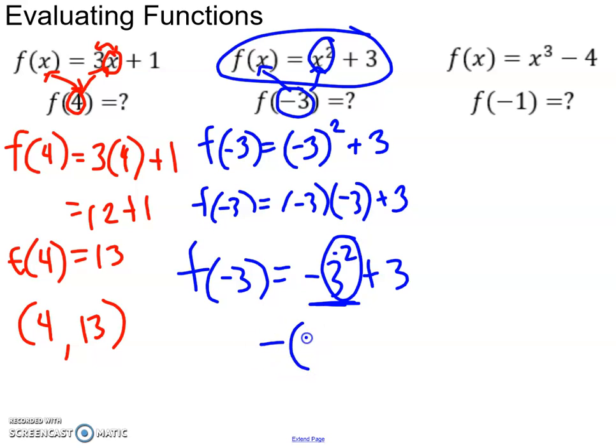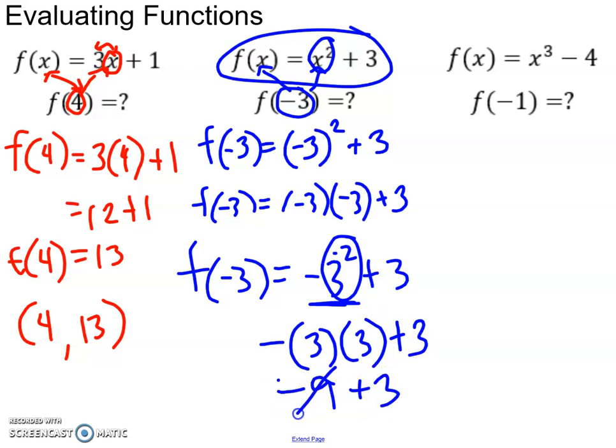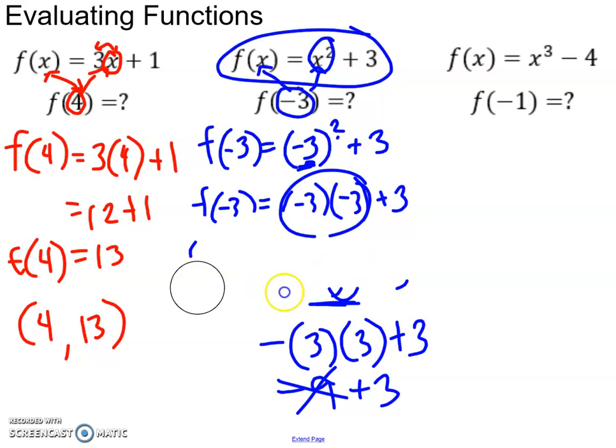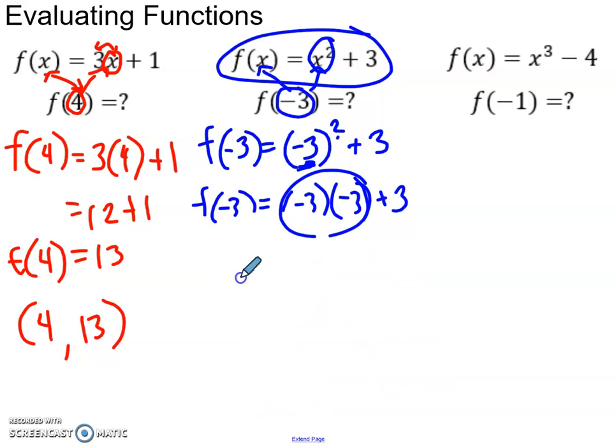So I would have negative times 3 plus 3. So now I would have actually negative 9 plus 3, which is not what we want. We want that positive 9. So always make sure when you substitute in, you put it into the parentheses and the exponents on the outside. Don't do that. Do it the right way that we did it the first time.